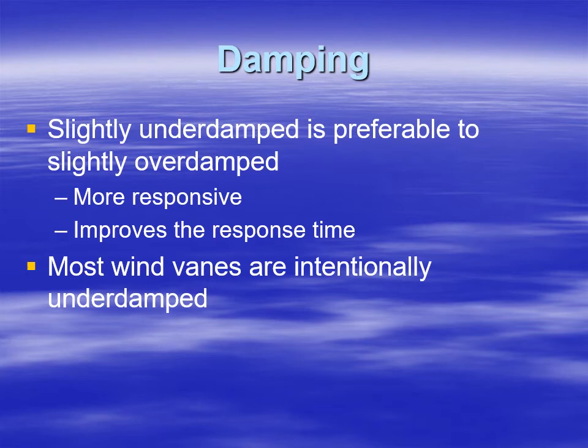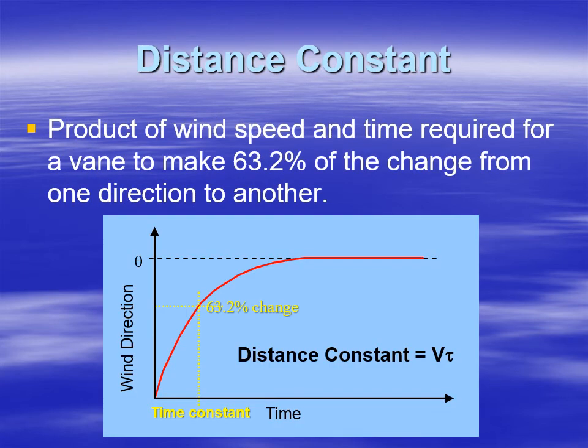It responds very quickly. It overshoots the true direction, but it takes less time to get there. And of course, most wind vanes are underdamped. So those are the three solutions of a wind vane, and as I said, underdamped is preferred.